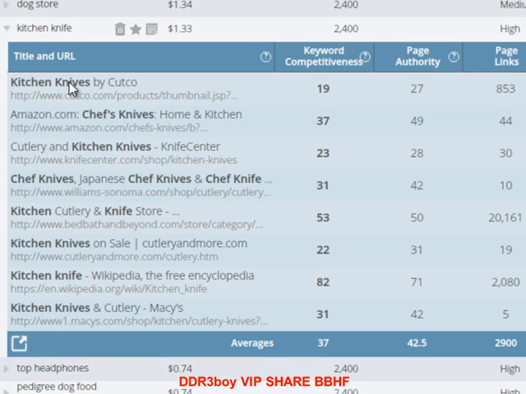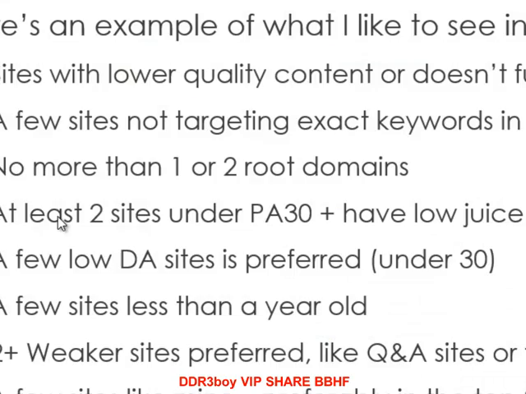Notice that I'm treating the plural the same as the singular. It doesn't matter that they say kitchen knives or kitchen knife, it's really the same thing. Google is smart enough to understand that people searching for knife or knives are really searching for the same thing. That is something important to keep in mind. Almost every single one of these results is targeting the specific keyword in the title of their page, so there is no weakness in the title. That's strike one.